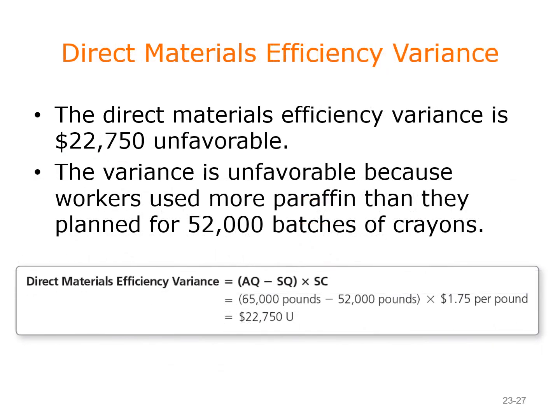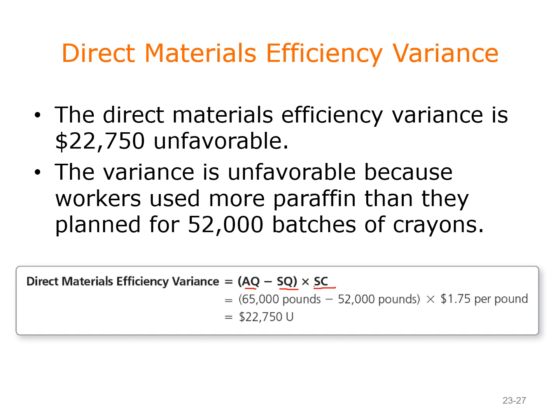The direct material efficiency variance. We said that the direct material efficiency variance is 22,750 unfavorable. The variance is unfavorable because workers used more paraffin than they planned for 52,000 batches of crimes. Direct material efficiency, we said, is actual quantity minus standard quantity multiplied by standard cost.